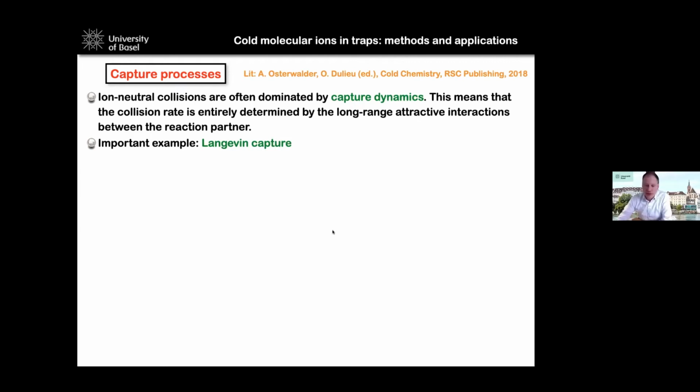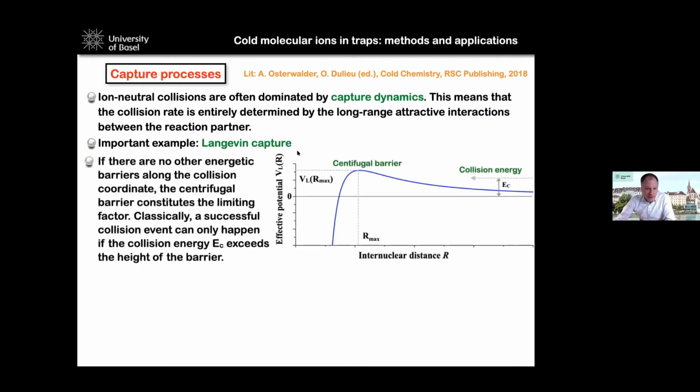One of the most important cases of such capture processes between ions and neutrals is so-called Langevin capture. That is the case when the long-range interaction is dominated by the Langevin interaction, the ion-induced dipole interaction, the C4 term.